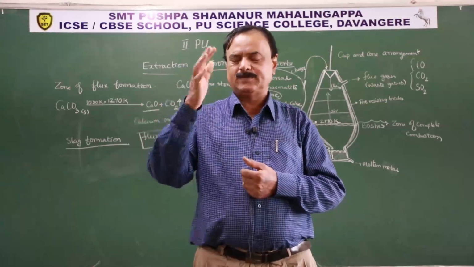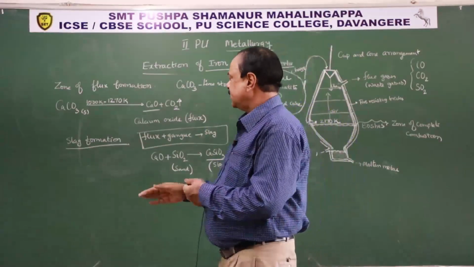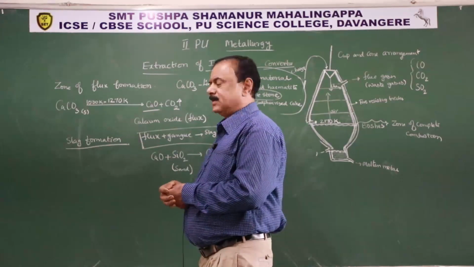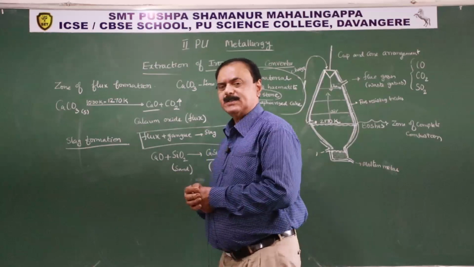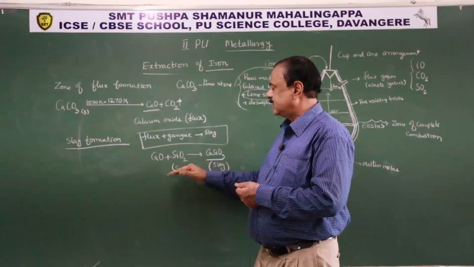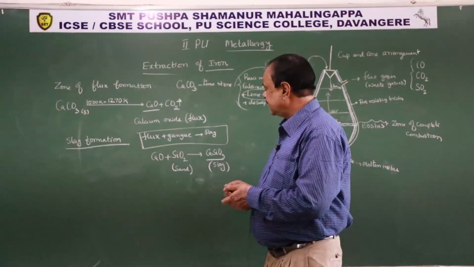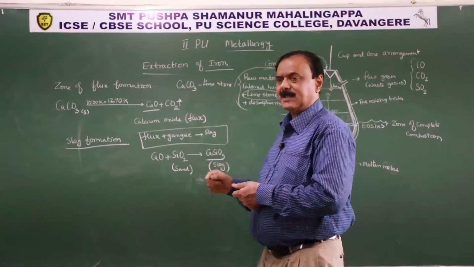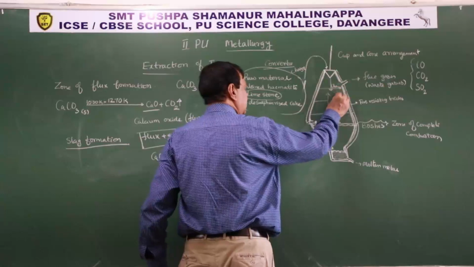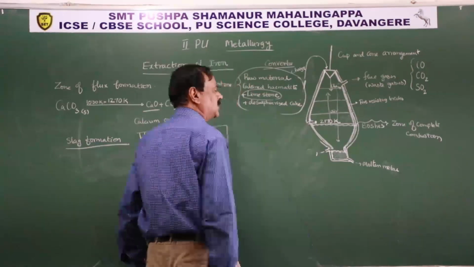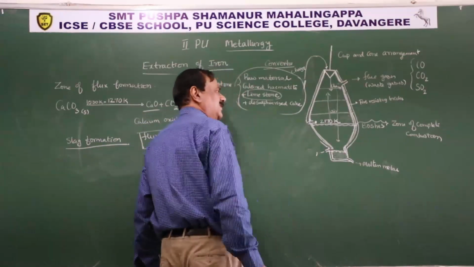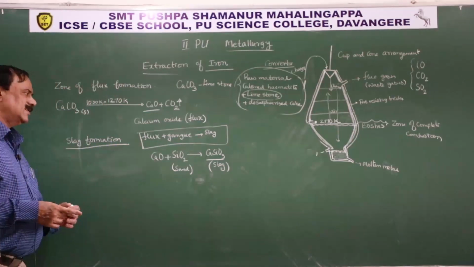Just above 1270 Kelvin, at around 1500 degrees Celsius, the calcium oxide flux fuses with the sand and gives rise to calcium silicate slag. That slag flows down the furnace and is collected above the molten surface of the metal.